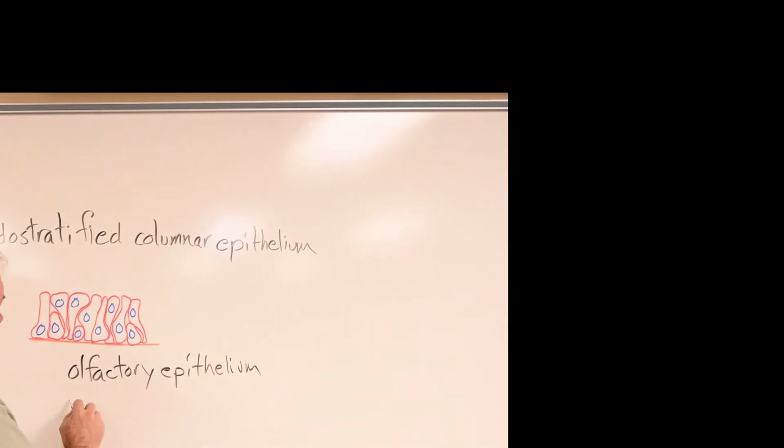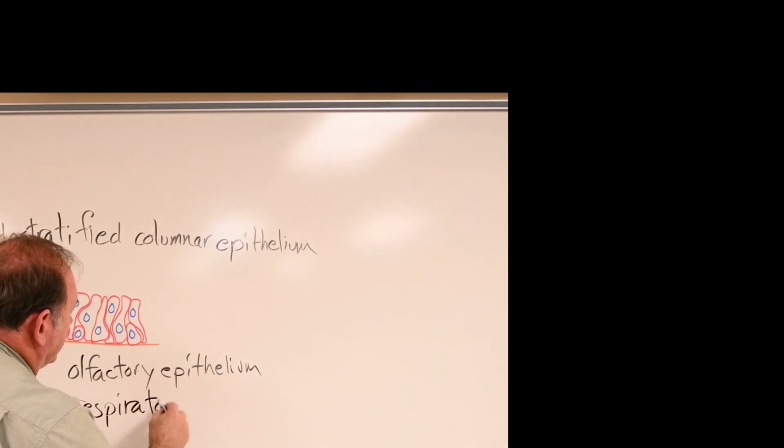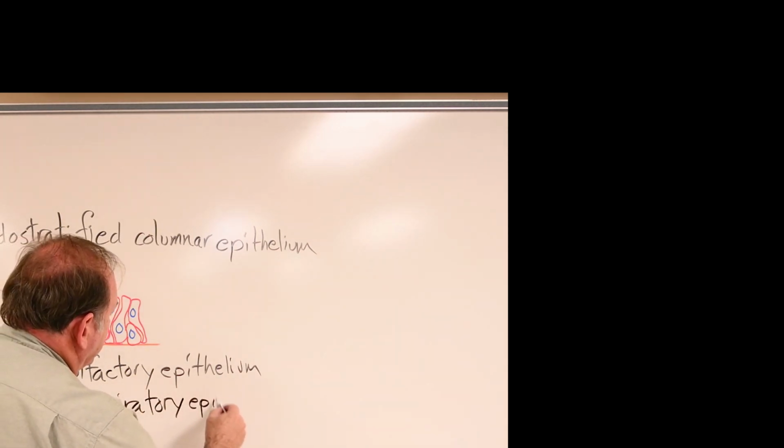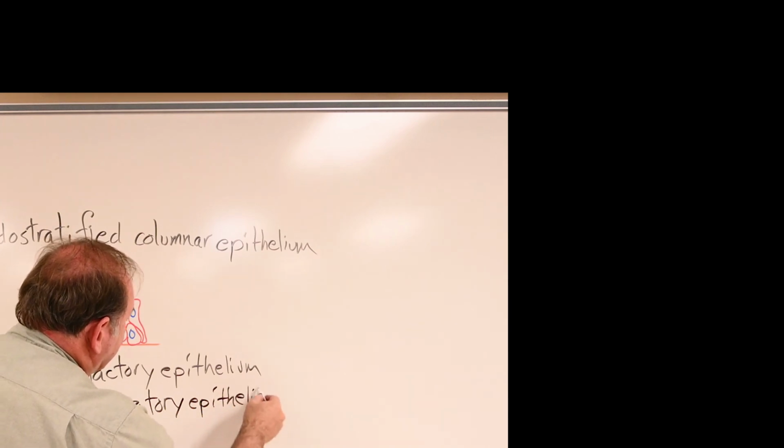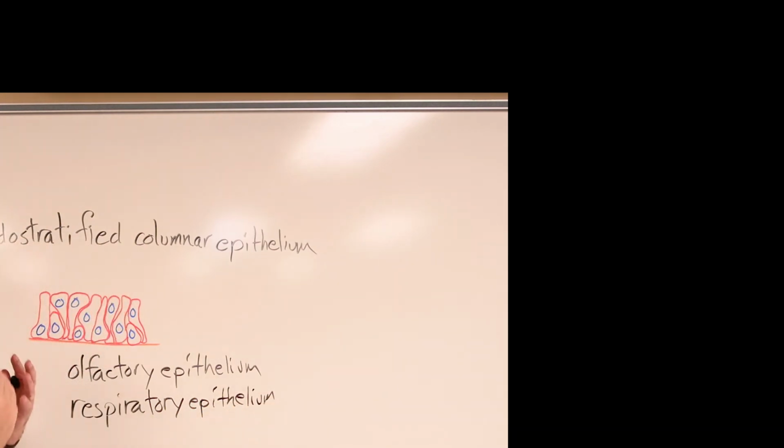What we generally refer to as respiratory epithelium lines your sinus passages, your nasal passages, and then once you get into your windpipe and into your larynx, your trachea, and your primary bronchi, secondary bronchi, all of those passageways have that pseudostratified columnar epithelium.